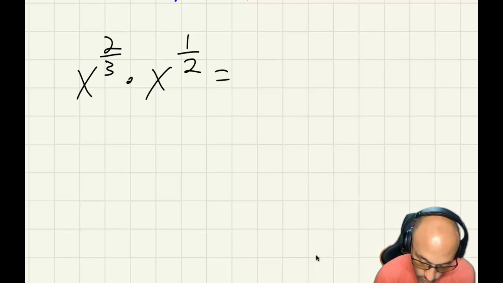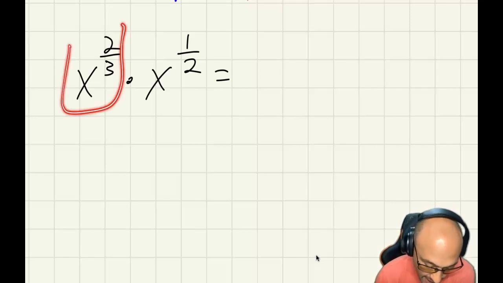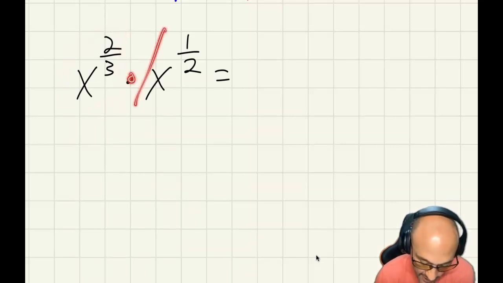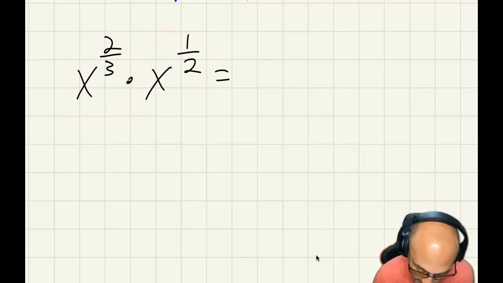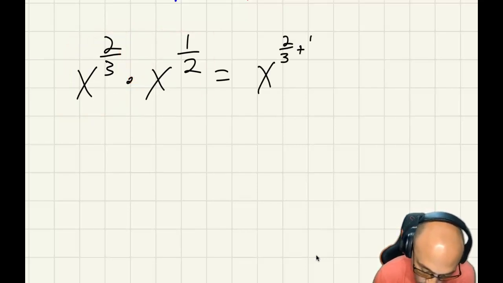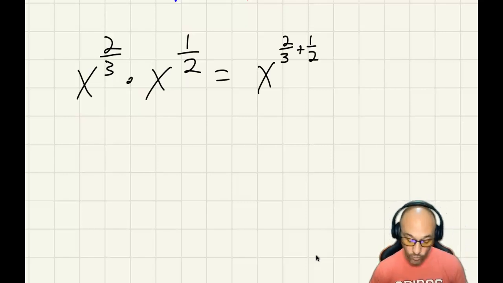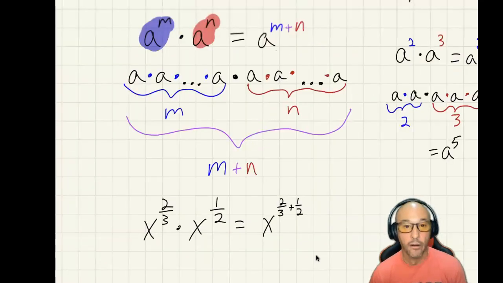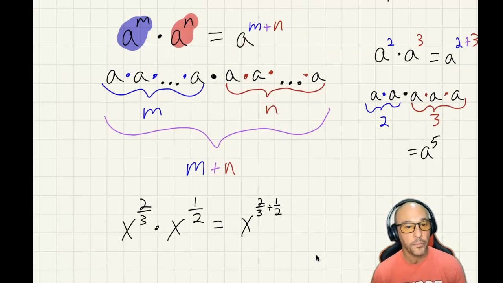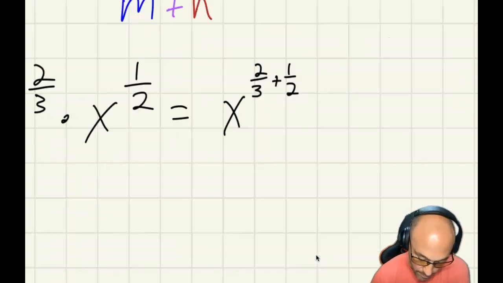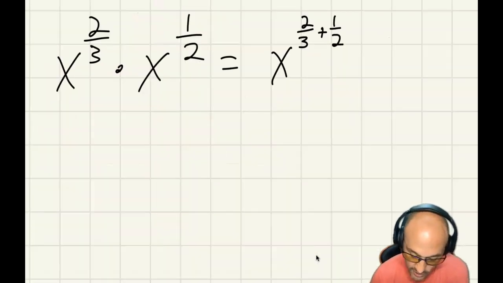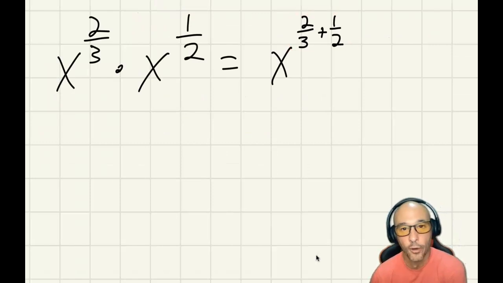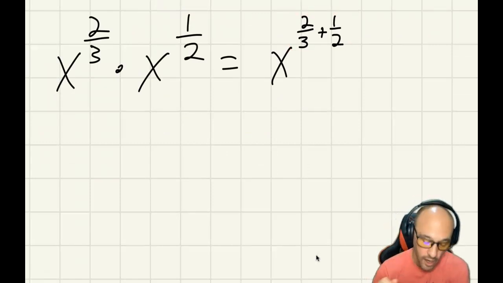So this x to the 2/3 times x to the 1/2, we can rewrite as x to the power 2/3 plus 1/2, because that's the rule that we learned up there. So now, though, we need to remember that when we add fractions together up here in the exponent, we need to have a common denominator.